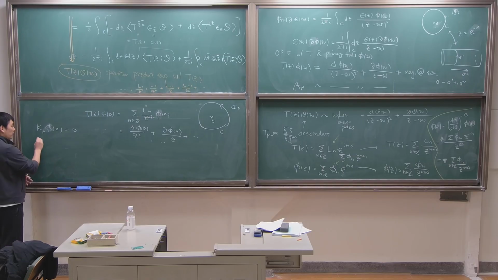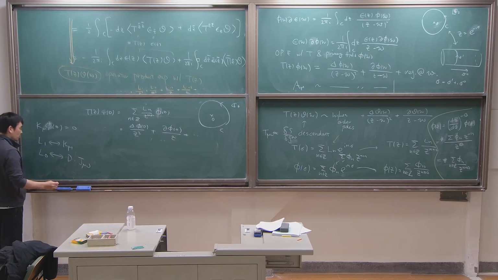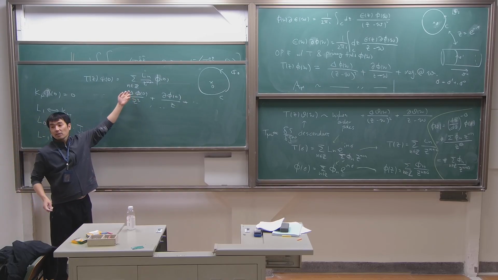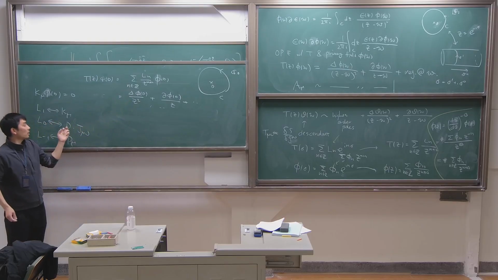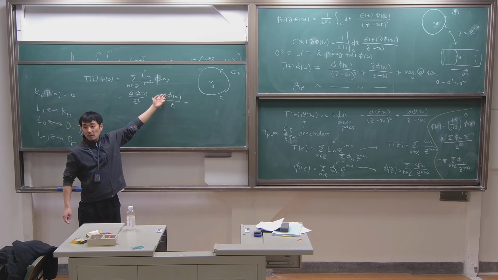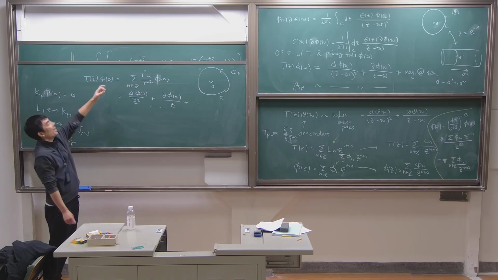In two dimensions, we know that L1 corresponds to K_mu, and L0 corresponds to dilatation or rotation, D and J_mu. And L minus 1 corresponds to P, that's the translation. L0 acting on phi, we get the conformal dimension. This is exactly the eigenvalue of D. L minus 1 acting on phi, we get the derivative. That's exactly the action of P.